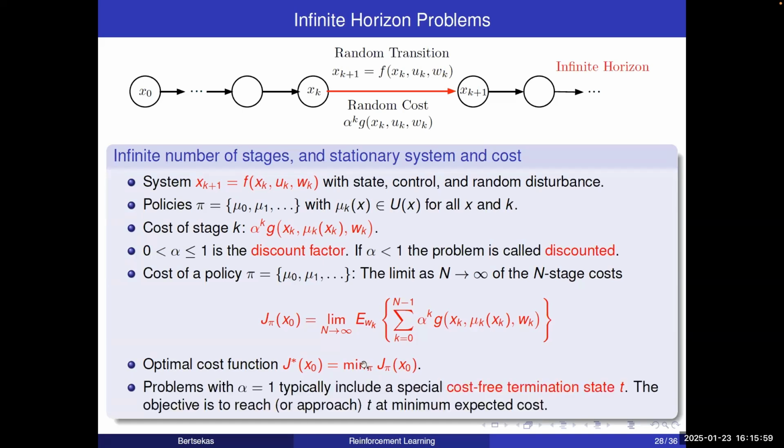For a problem with alpha equal to 1, in order to have this limit well-defined, so that the cost does not blow up to infinity, we typically include a special cost-free termination state. This means once the state xk reaches T, it stays there in all future stages and incurs zero cost. One such example is the shortest path problem.